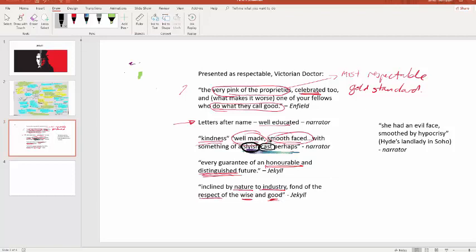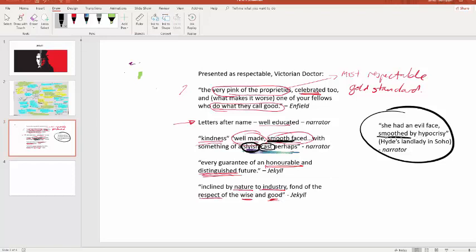And also, this idea of being smooth-faced. You could say that just means he's got a nice complexion, but the idea of being a bit too smooth, a bit too plausible, almost like a salesman, giving you this very smooth exterior, and perhaps underneath there's something less smooth. And it's interesting that later, when they go to Hyde's flat, the landlady, who is a really unpleasant character, is described as having an evil face smoothed by hypocrisy.